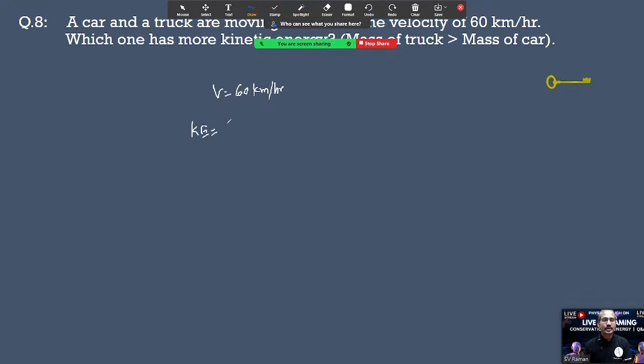KE is equal to half mv square. The mass of a truck is greater than the mass of a car, so the kinetic energy of a truck is greater than the kinetic energy of the car.